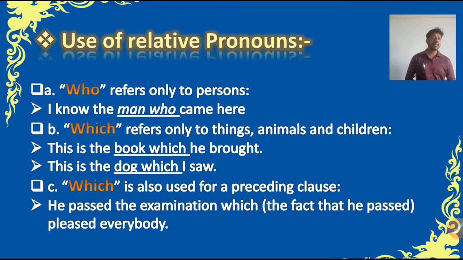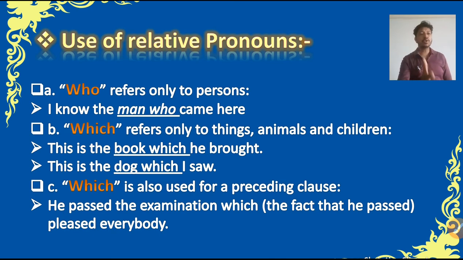It is a very, very important relative pronoun. There are so many uses of which, such as which refers only to things, animals and children. So this is the book which he brought. So book and which, the same thing.